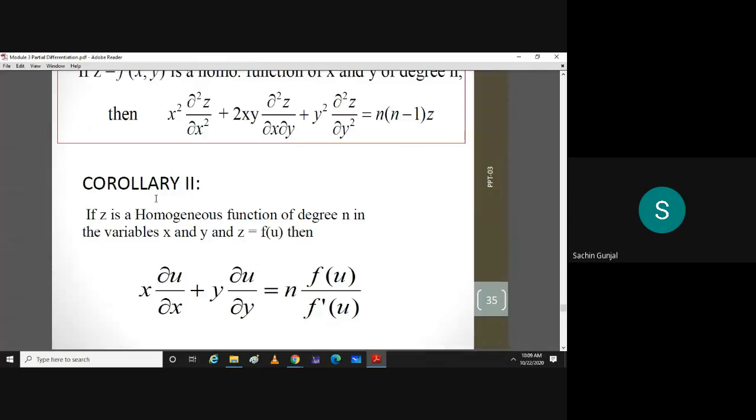Given function u of xy is non-homogeneous, but z is equal to f of u is homogeneous of degree n, then x into ∂u/∂x plus y into ∂u/∂y is equal to n into f of u upon f dash u.